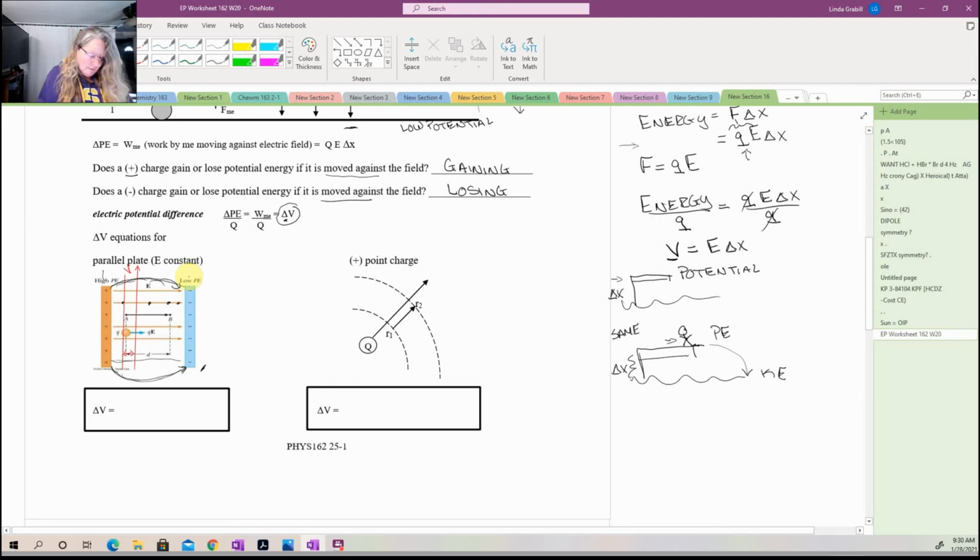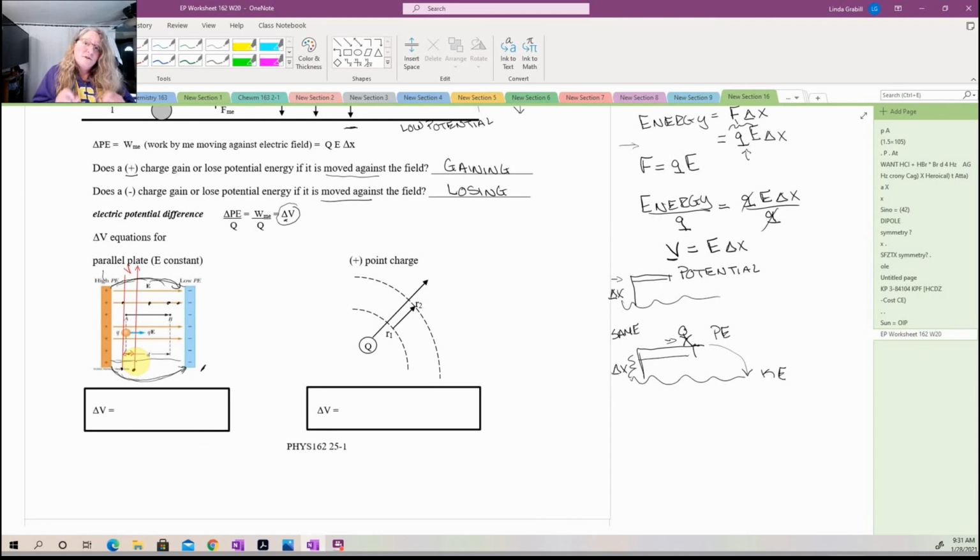Now let's think about how we can relate potential to our electric fields. The way you would do that is I would take a probe, put it here and here, and measure the distance. Remember, when we talked about our probe, we said it is a charge much, much smaller than the thing creating the field.